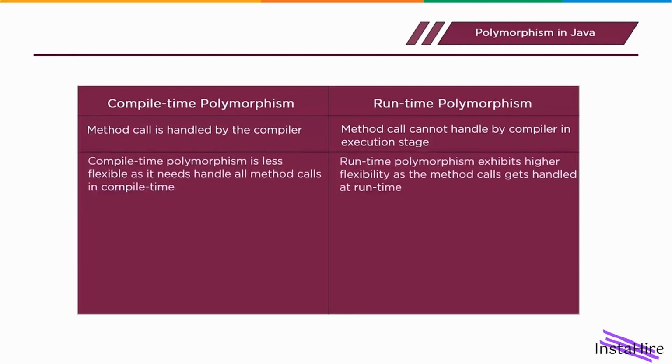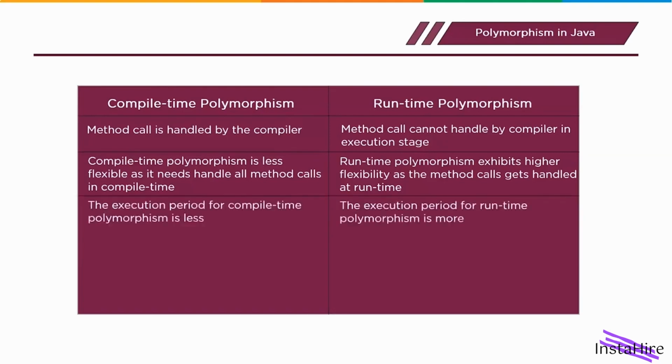The second difference is that compile time polymorphism is less flexible and needs to handle all methods at compile time. Whereas runtime polymorphism exhibits higher flexibility as the method calls get handled at runtime. The execution period for compile time polymorphism is less, whereas the execution period for runtime polymorphism is really high.